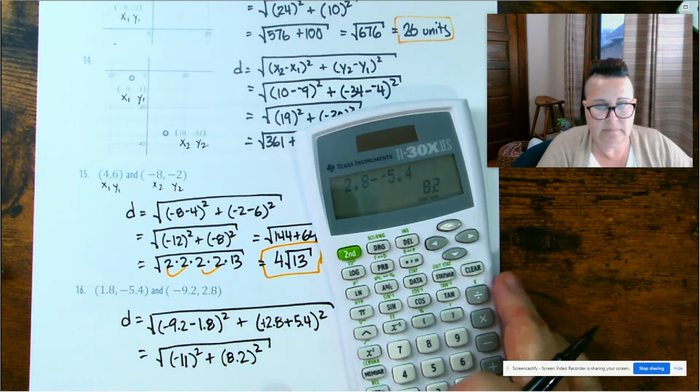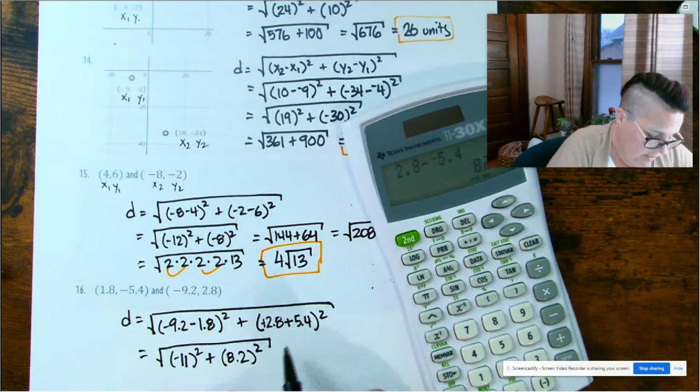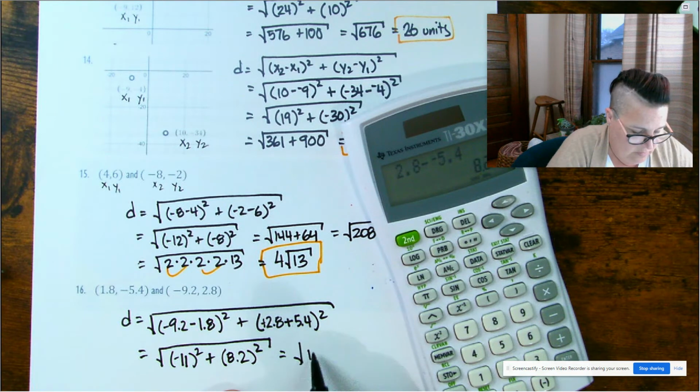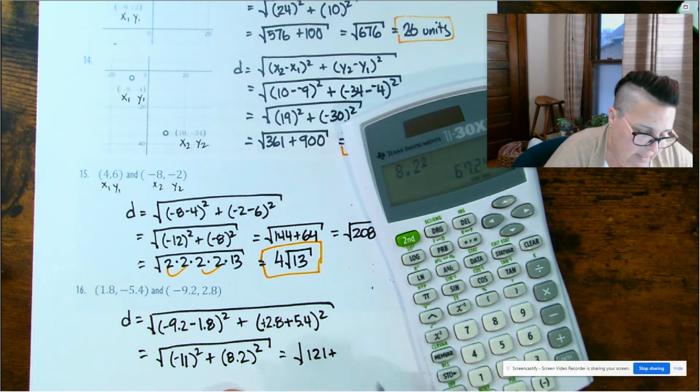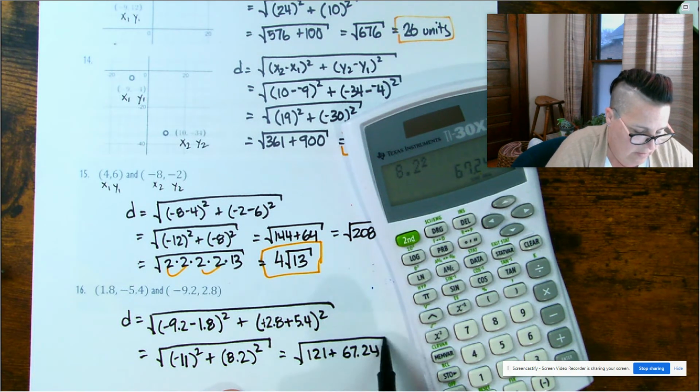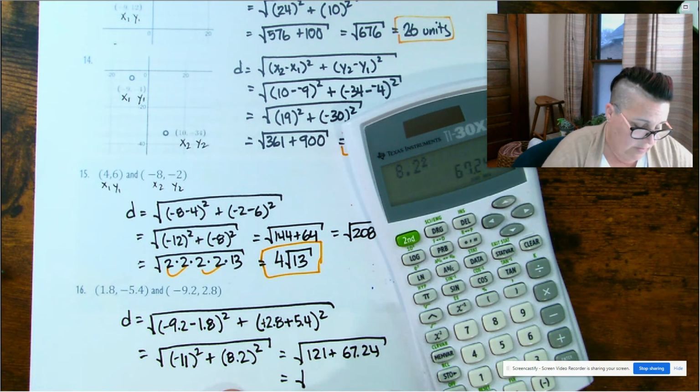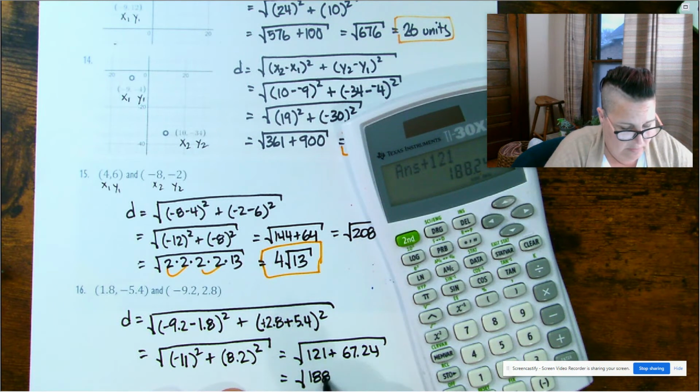Okay. So 11 squared is 121 plus 8.2 squared is 67.24. So this would be the square root of 188.24.